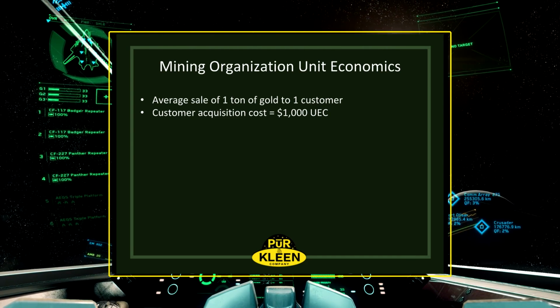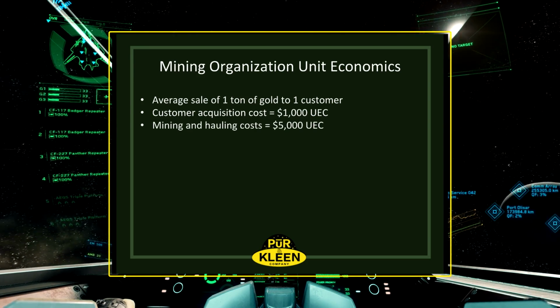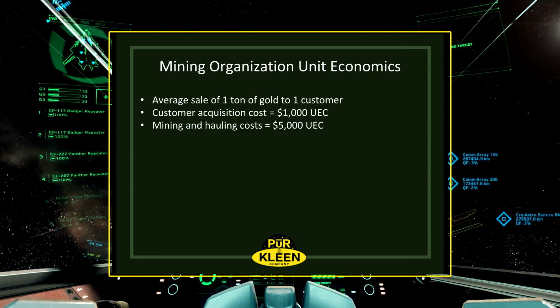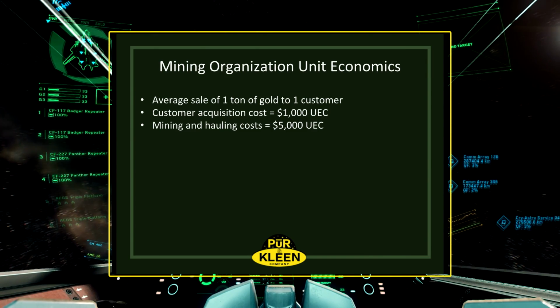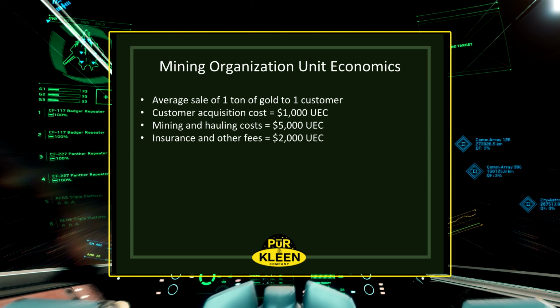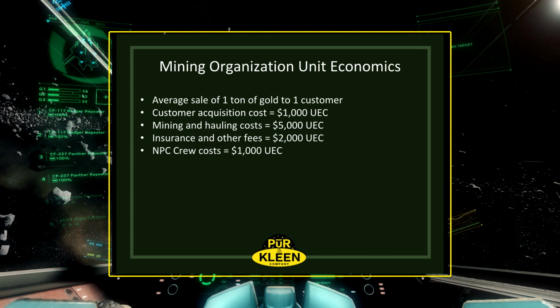On average, mining for 1 ton of gold will cost us 5,000 UEC. Insurance and other fees will cost, on average per sale, 2,000 UEC. NPC crew will cost us about 1,000 UEC.